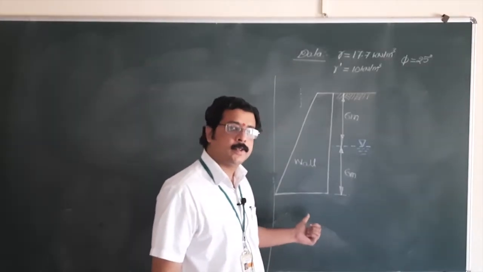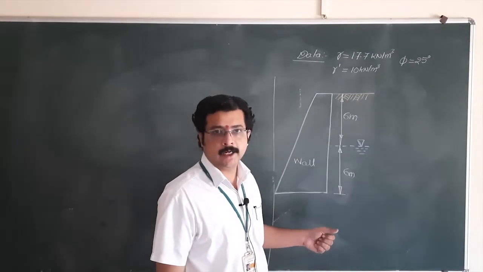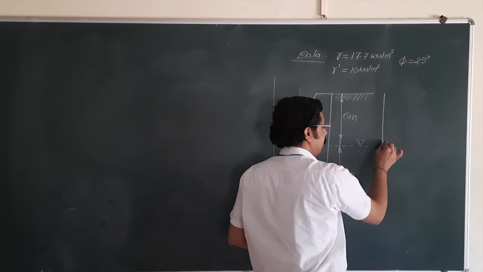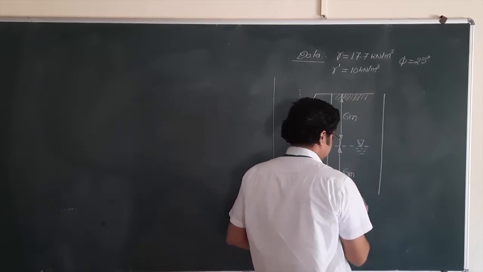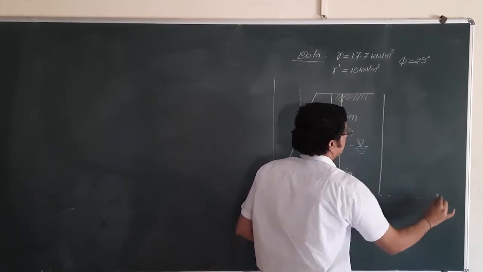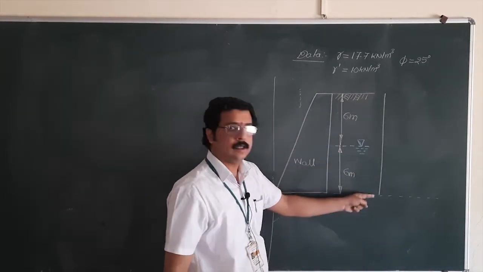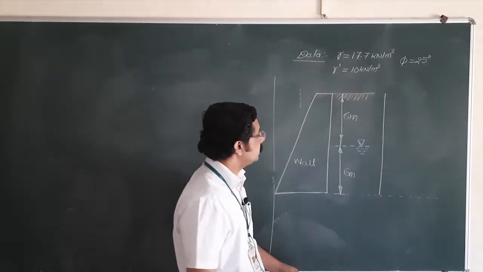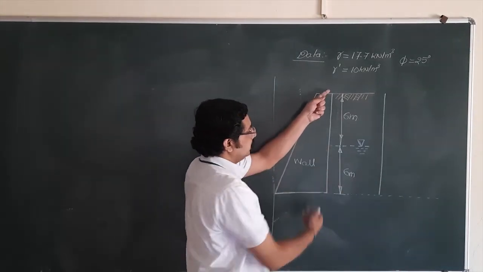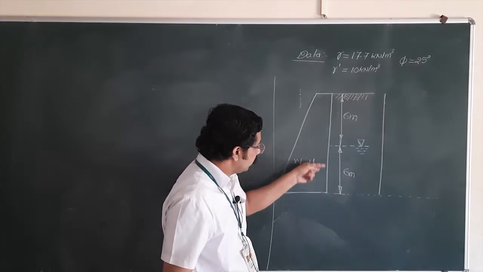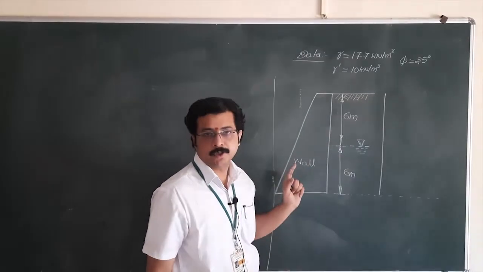In this condition also we have to draw a pressure diagram. In what way it will be drawn? It will be drawn in this way. This is going to be the vertical line on which the pressure is going to act. This top 6 meter portion is dry portion and bottom 6 meter portion is submerged portion.